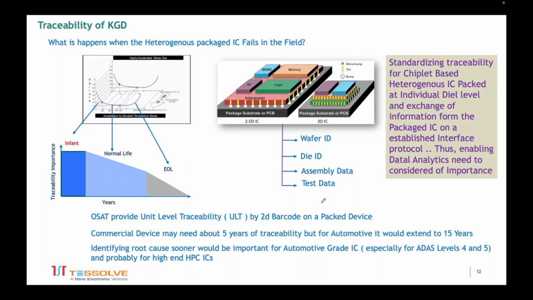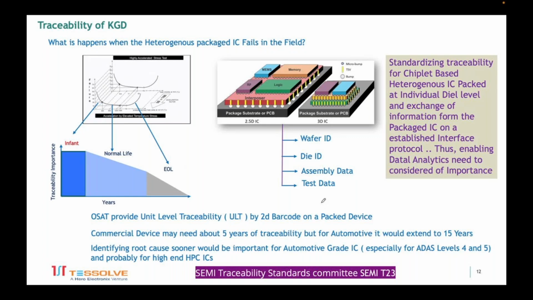So this needs to be thought through as part of traceability for known good die. The SEMI traceability standards committee has a standard, SEMI 223. I have not gone through it, but we need to look at whether it really meets what the industry needs. If not, it may require updating or some other standard needs to be developed and adopted.